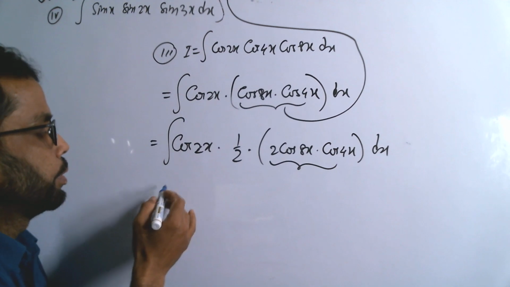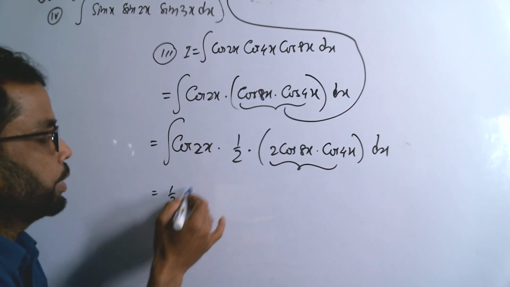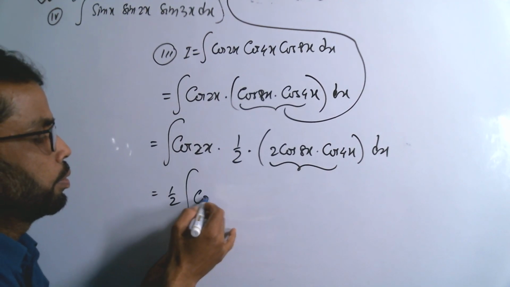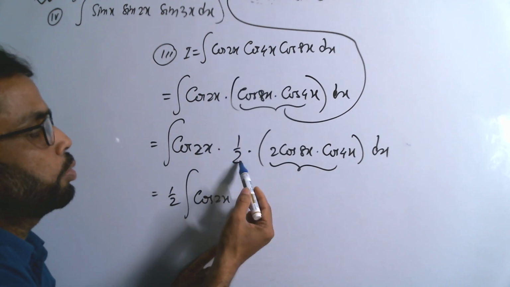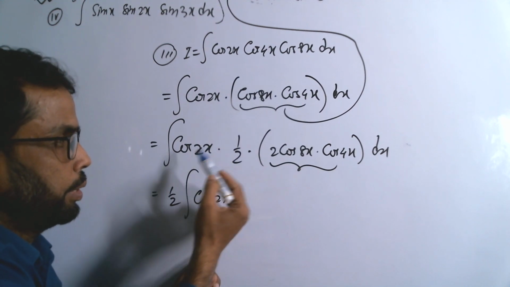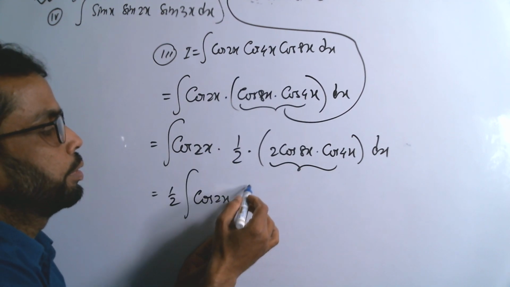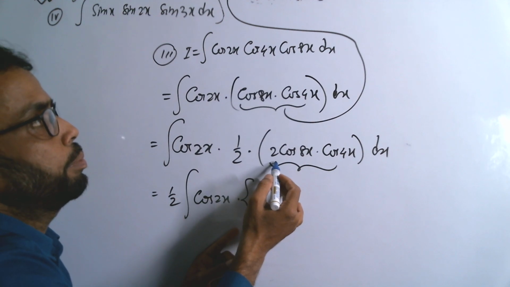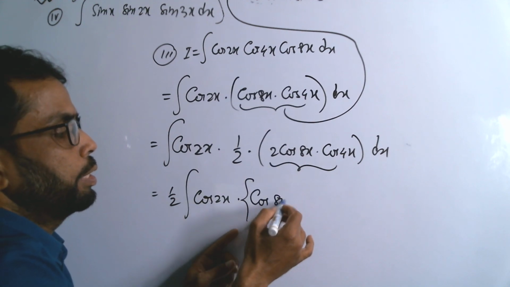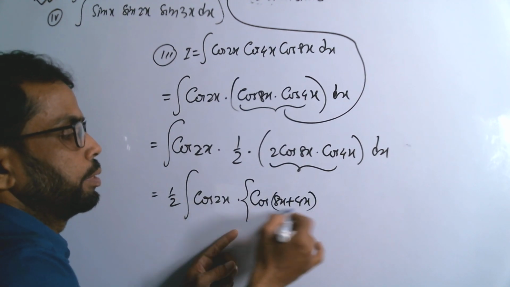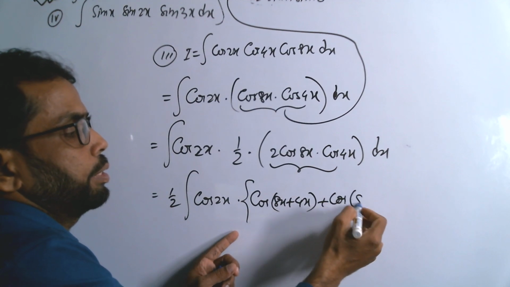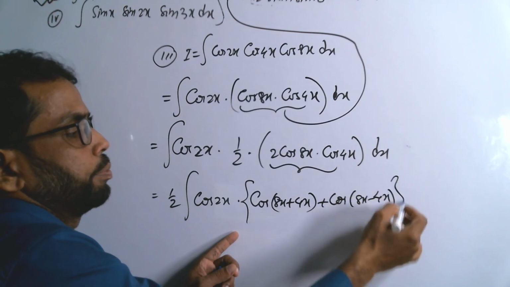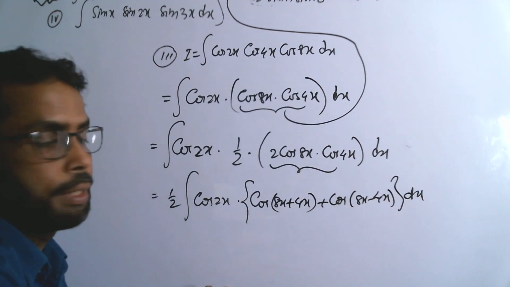Let us apply it. This 1 by 2 we can take out, it is constant. This 2 and this 1 by 2 we cannot cancel, this is algebraic, this is the angle inside the cos. Now cos(a plus b) plus cos(a minus b). So we have applied the identity.